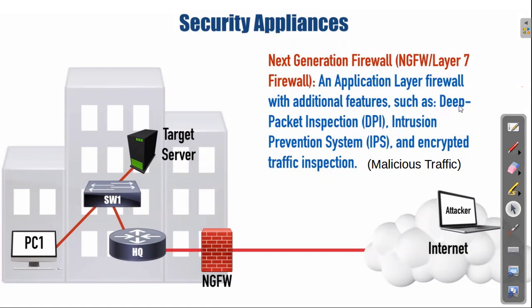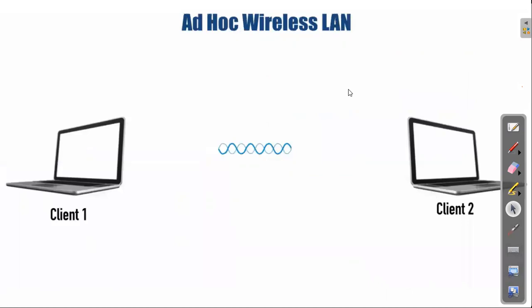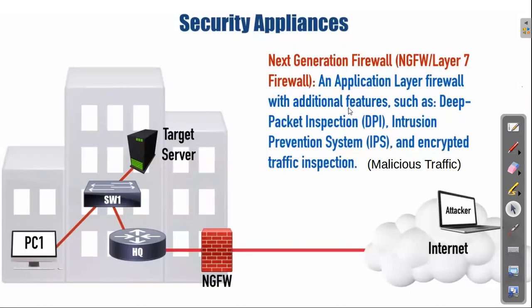It can prevent URLs and also keywords. We can block by using a keyword. Such facilities are available in DPI. Intrusion prevention system, which we just discussed, and encrypted traffic inspection. All these facilities are available in NGFW, next generation firewall. It's a firewall.